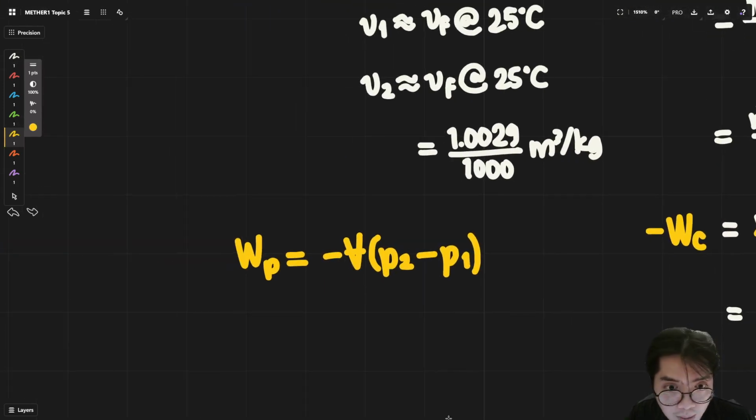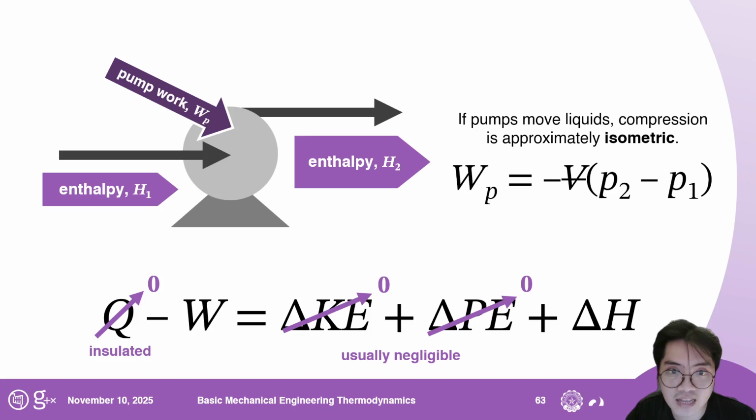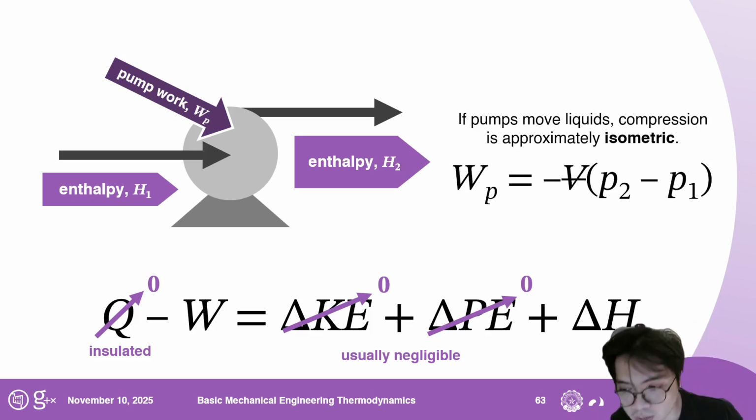The work of the pump is just your isometric steady flow work. And again, it's isometric because this pump is carrying a liquid. A liquid is incompressible. If you can't compress it, you can't change its volume. So there are a lot of hoops that we need to jump through to get to that final bit of information.